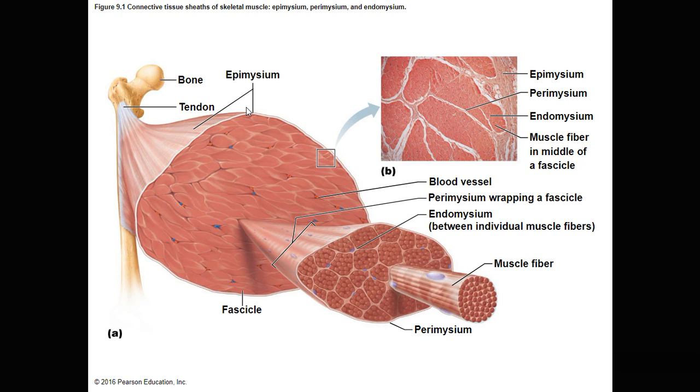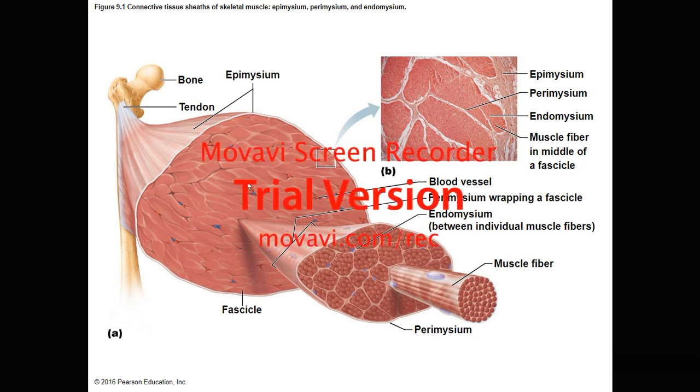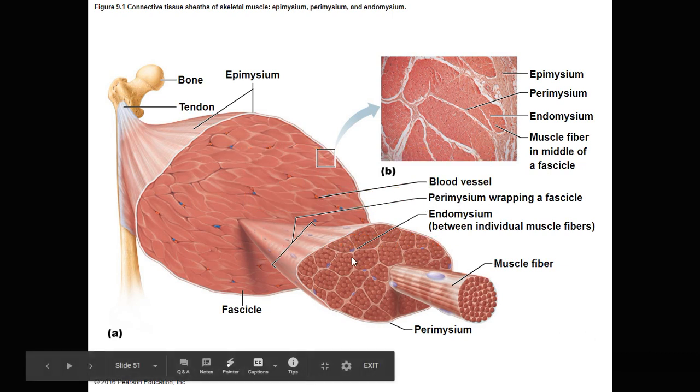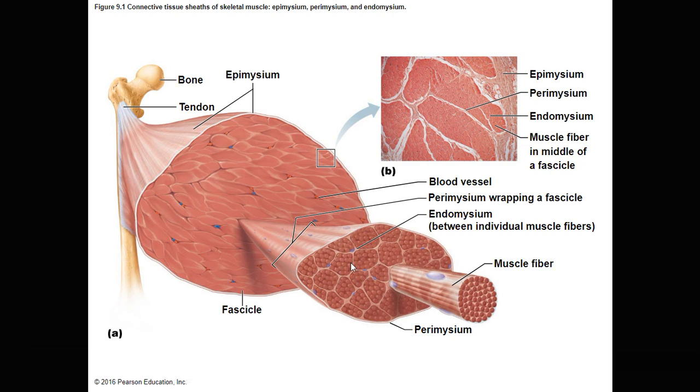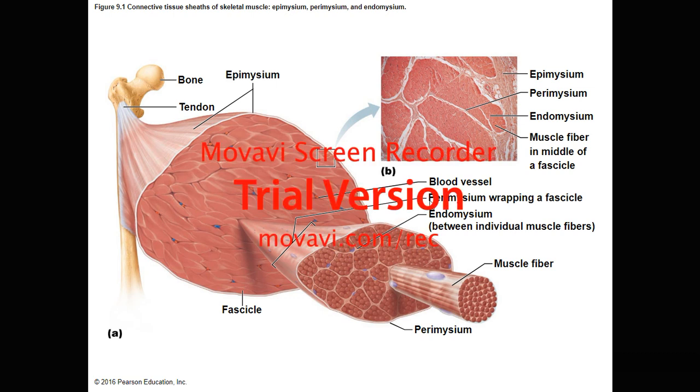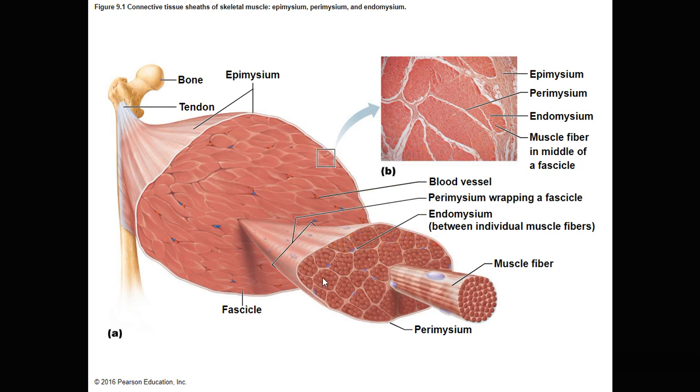And you have bundles of muscle fibers, which are called fascicles. These are bundles of muscle fibers right here, and the fascicles are wrapped by the perimysium. You see right here, this is the perimysium surrounding a bundle of muscle fibers.